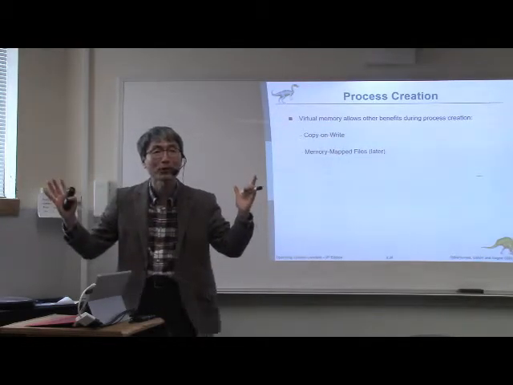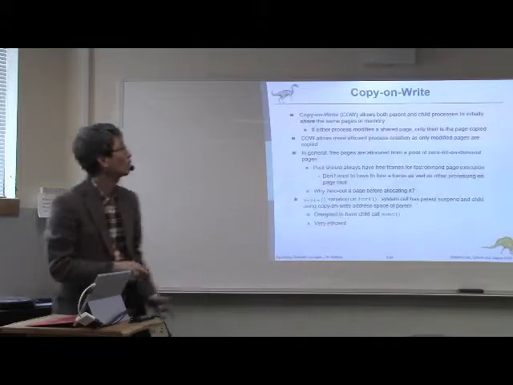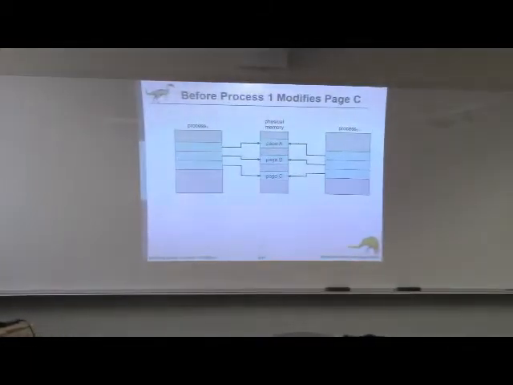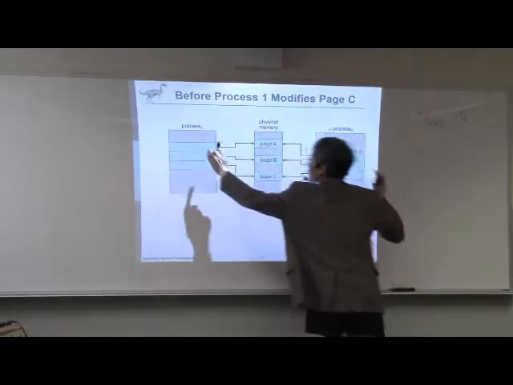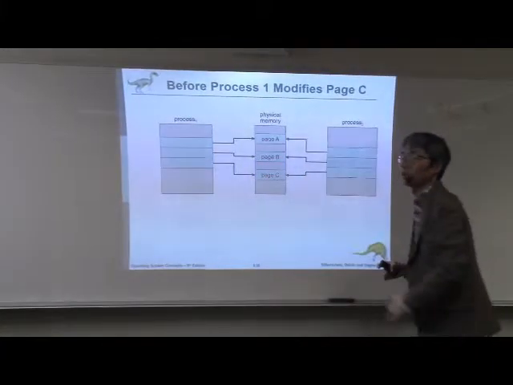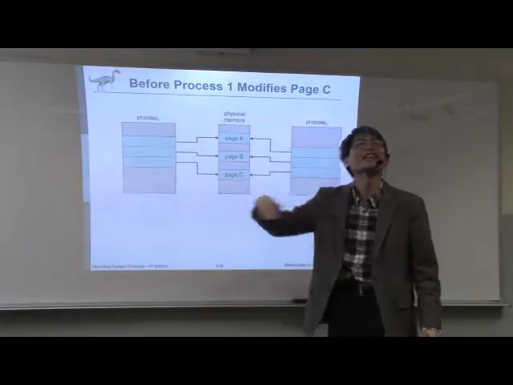We don't have to separate. If not changing, just share. That is called copy-on-write. When we create the process, if they are the same, just share the page from the physical memory, until it is changed.